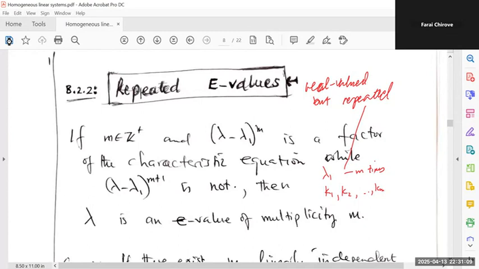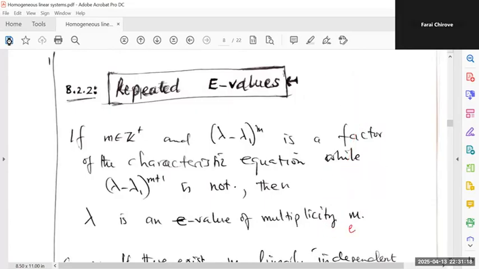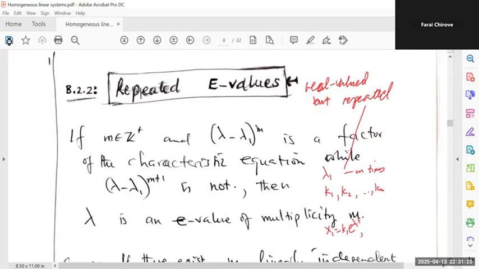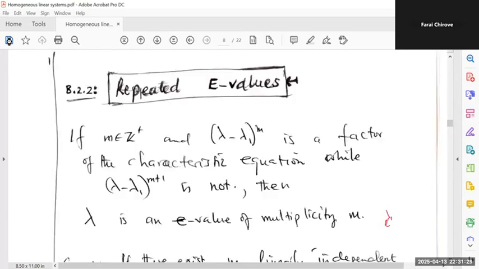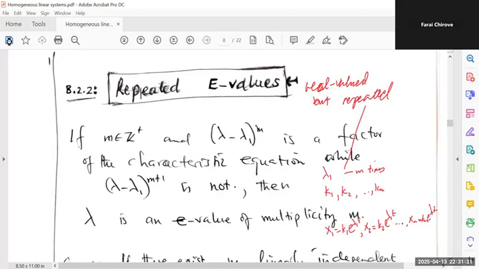Then this case is more similar to the distinct eigenvalues, because all you will do is to say x1 equals k1 e to the power lambda 1 t, and then x2 equals k2 e to the power lambda 1 t, up to xm equals km e to the power lambda 1 t. So this is a special case of repeated eigenvalues.